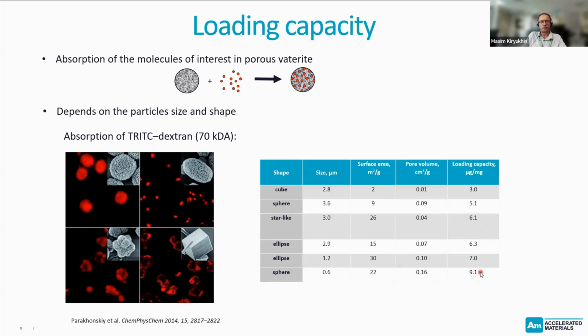In this case it was dextran labeled with the fluorescent dye rhodamine. And when you go to ellipse particles, which have a higher surface area compared to spheres, you also can increase the loading capacity of those molecules.